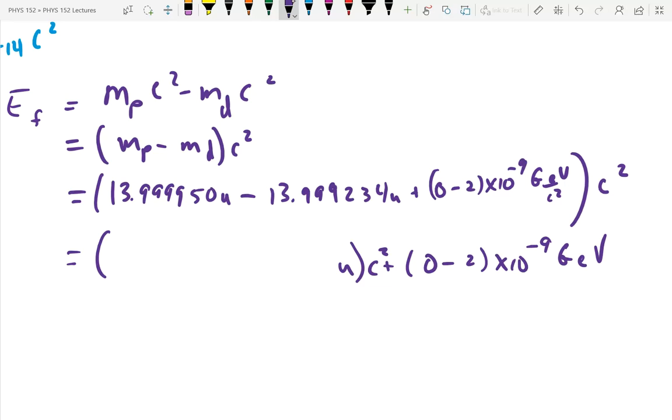And then I just have to do the subtraction: 13.999950 minus 13.999234. 95 minus 23 is 9, so it's 0.000716. Is that right? Yeah.